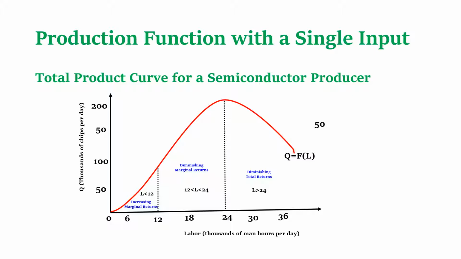So as you can see in the graph, the total product curve is convex around that particular region. So over the range where there is increasing marginal returns to labor, the total product curve is convex.